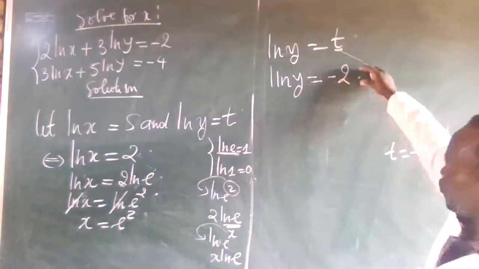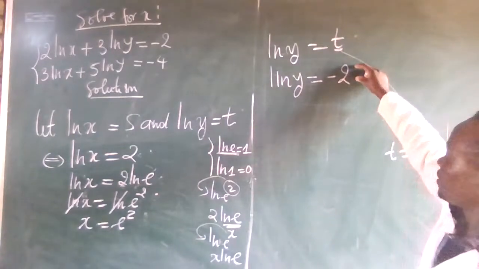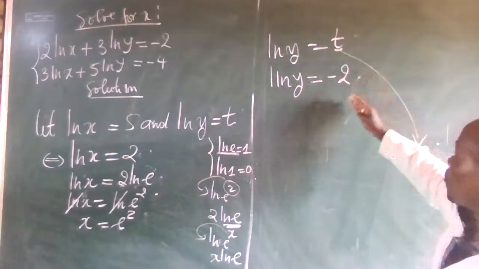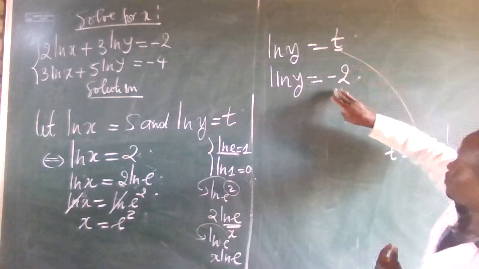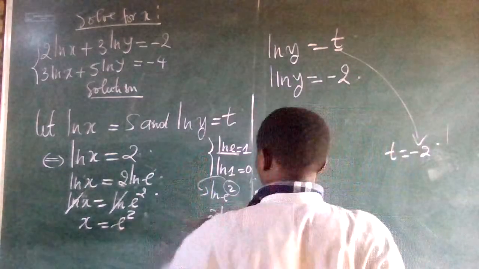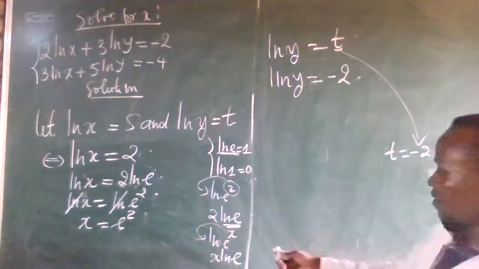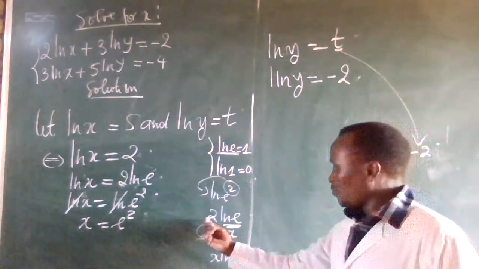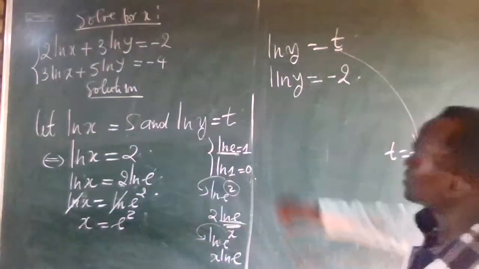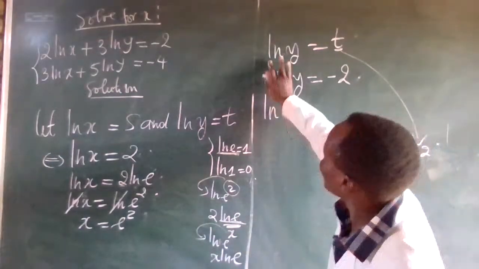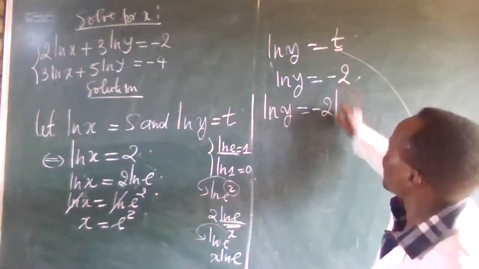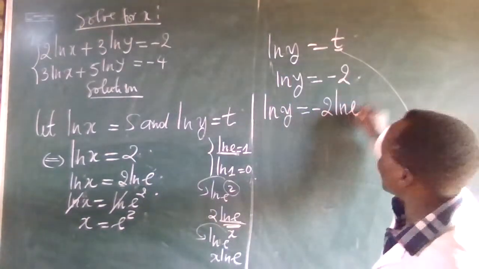Also, we need to find the logarithmic function which you should multiply with this minus 2, and you will remain with our original number. So now remember, I told you to put this ln e. So we remain with ln y will be equal to minus 2 ln e.